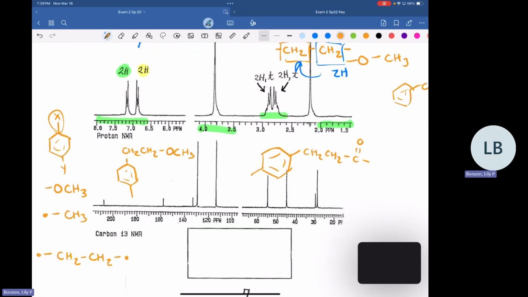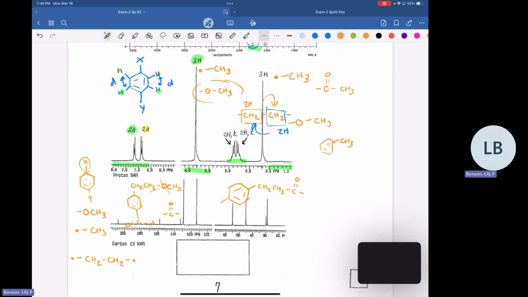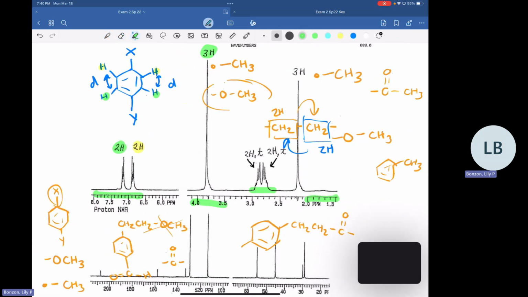I am going to say that over here on the left, that's not likely going to give us what we need, just because the only other carbon that we would have would be the carbonyl carbon, and that would force it to be an aldehyde. And when we look at our peaks over here on the far left, we don't have any aldehyde peaks.